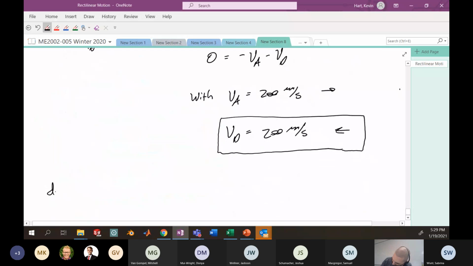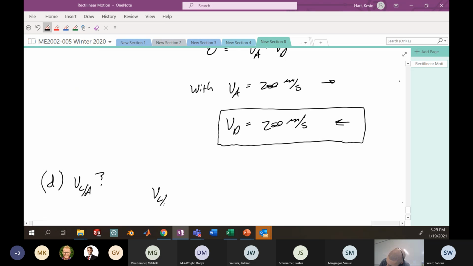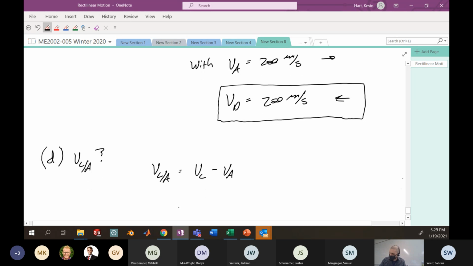Okay, so last bit of this problem. What is the velocity of point C relative to A? Well, we have equations for that. It's going to be the velocity of C minus the velocity of A. We've already calculated both of these.